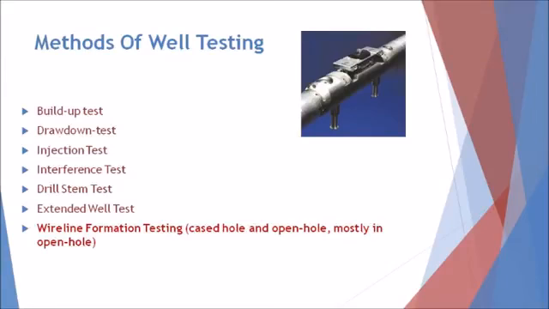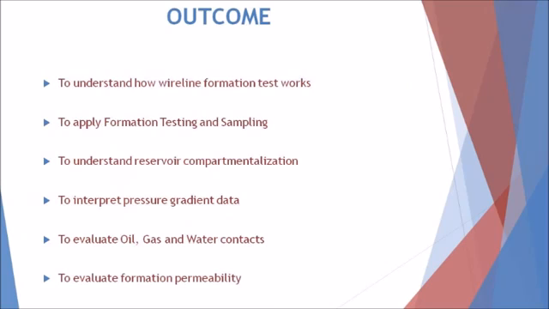Wireline formation testing happens in cased hole and in open holes. Mostly it happens in open holes because the measurements are not obstructed, and it is done during or after the well has been drilled. That's the advantage of it.